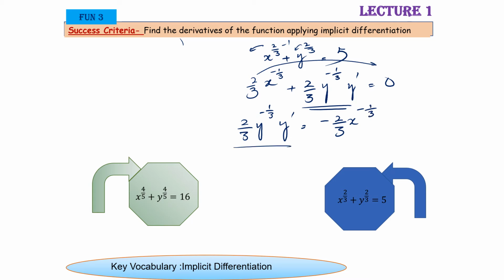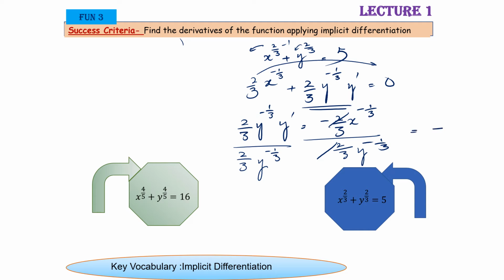To solve for y prime, divide both sides by 2 by 3 y to the power negative 1 by 3. You can see here it's so clear that 2 by 3 and 2 by 3 cancel.